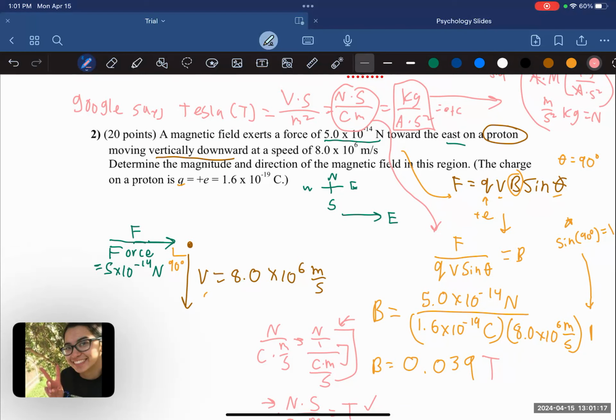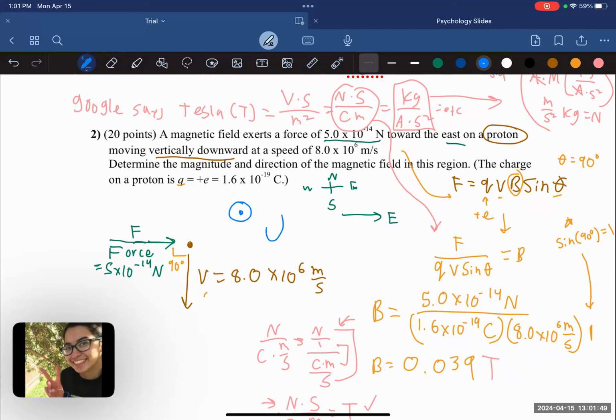But in this instance, it looks like it's coming out onto you. So because it's coming out, it's like your fingers are pointing towards you. So it's coming out of the page. So you're going to draw it like it's coming out of the page. And if you imagine it was like an arrow, if it's coming out of the page, then you're going to see like the point of the arrow. So it's going to look like this. Right?